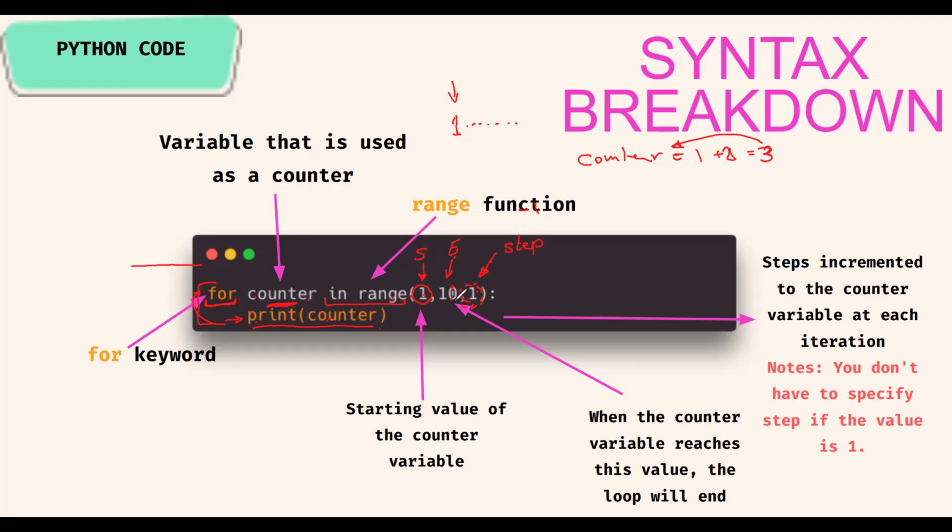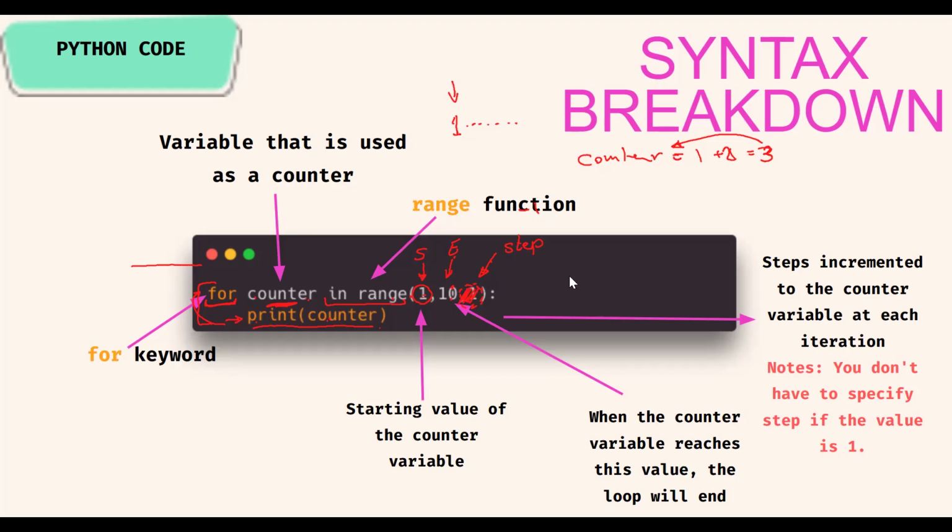It has a very strong effect on the number of times that the loop will execute. If you put step 1, which is the default, you can even omit that totally. You don't even need to put it, because by default it is 1.